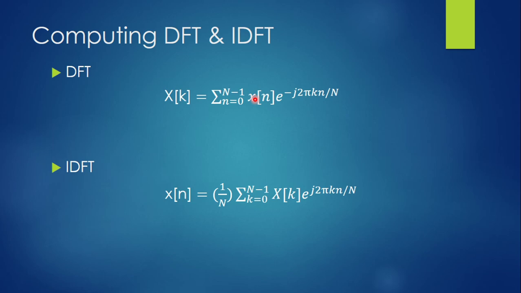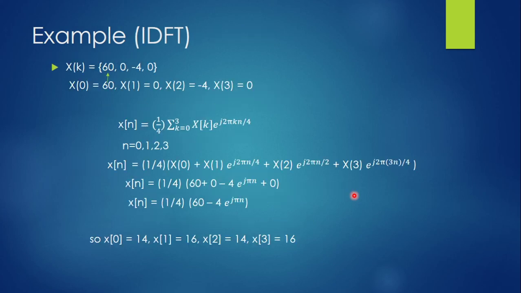Now the equation that you have for the IDFT is this: xn is 1 upon N, sum over k is equal to 0 to N minus 1, e raised to power j 2 pi k n upon N. So capital N is 4 in this case, so it will be 1 upon 4. k is equal to 0 to 3. Here it will be divided by 4. Using this equation, we got this thing.